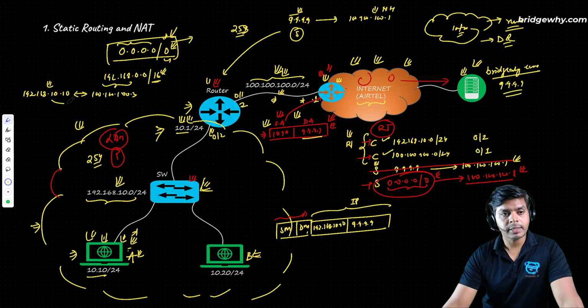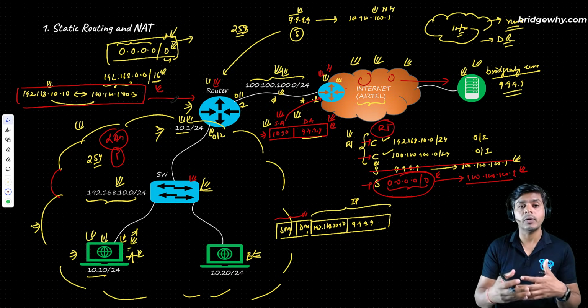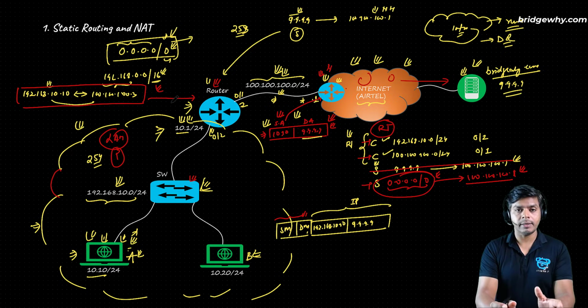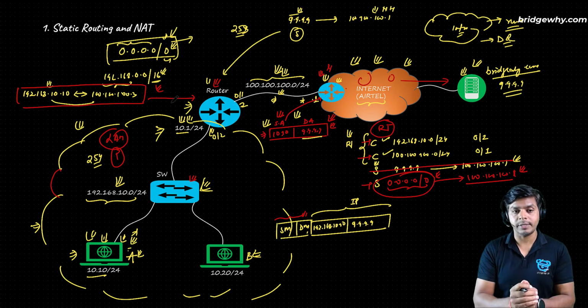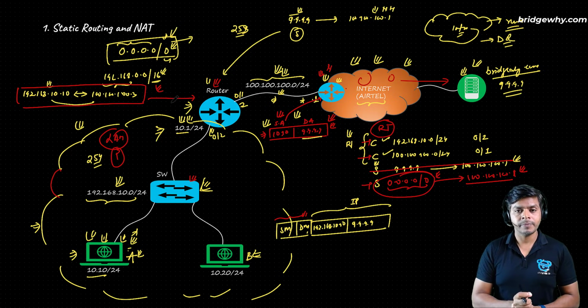It will change this address and keep this mapping or the table in its memory. And by the way, this table is known as the NAT or Network Address Translation table, because you are translating a private address to a public address.